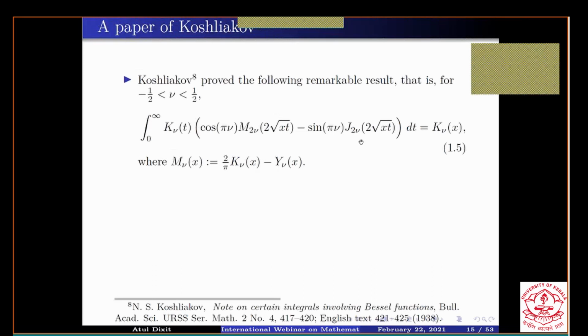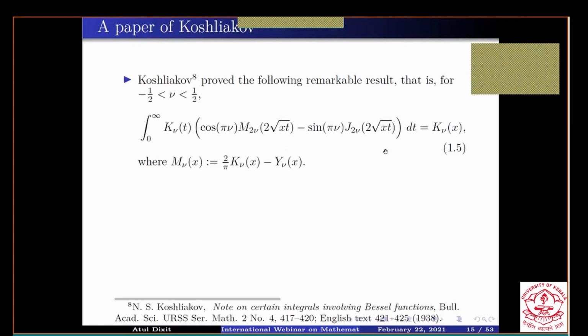So you have three of the four Bessel functions in this particular function. I call this the Koshlikov kernel, and what I look at is the integral transform with this being the kernel. And what do you see? You see that the K Bessel function is actually self-reciprocal in this Koshlikov transform. That's a very beautiful result.